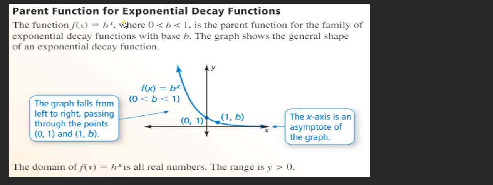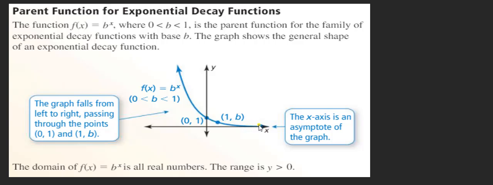Now, the second type of exponential function is exponential decay, where the base b is between 0 and 1. When that happens, looking at the graph from left to right, the graph decreases rapidly and then slows down and approaches 0.